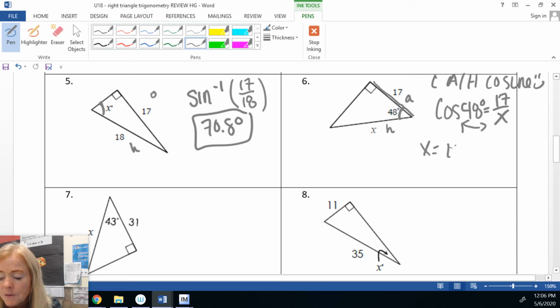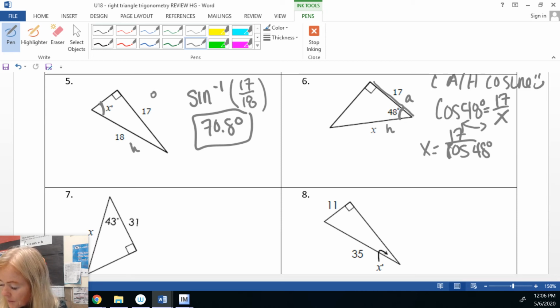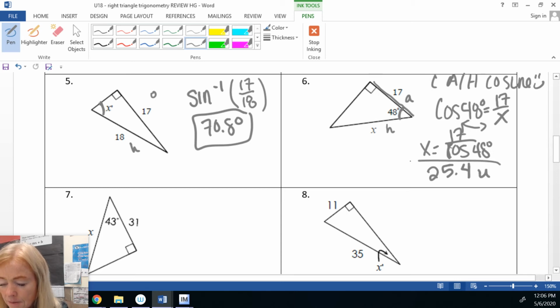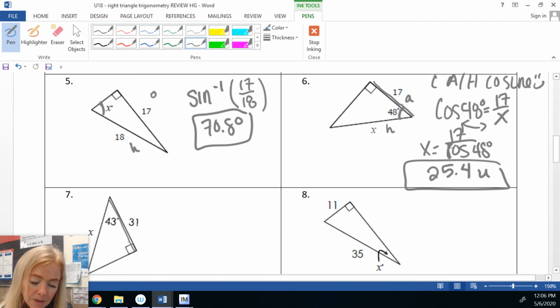So x equals 17 over cosine 48. So 17 divide cosine 48. If I hit the 1 on the 17, it helps, then I get approximately 25.4 units.